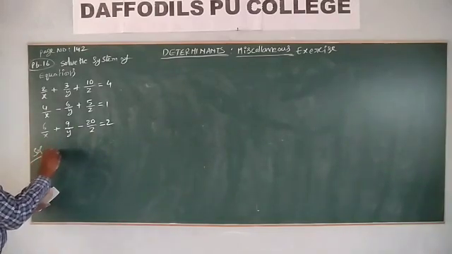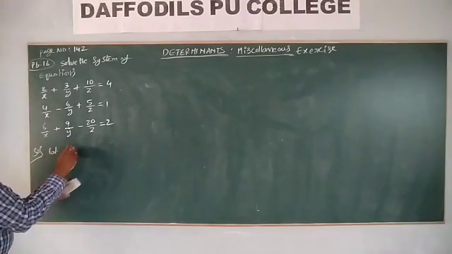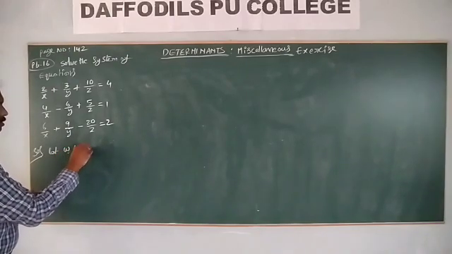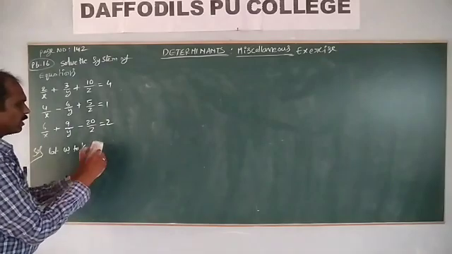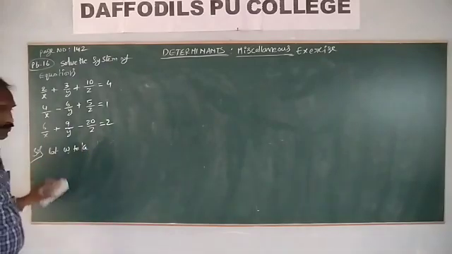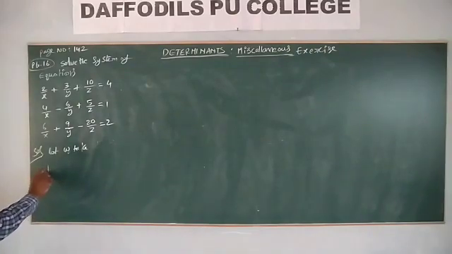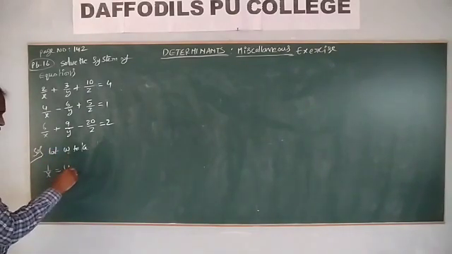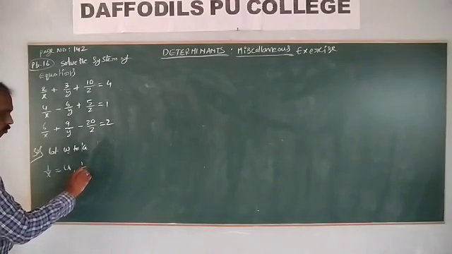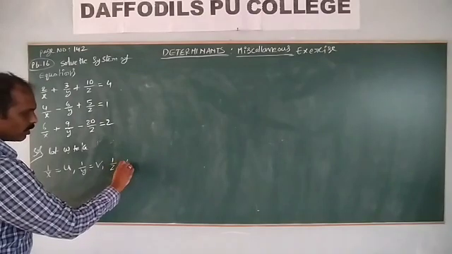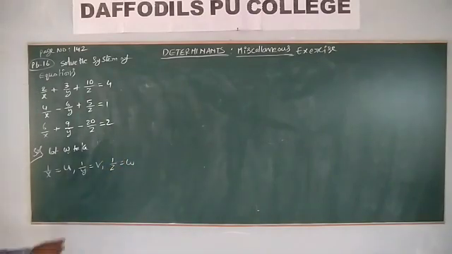Let us take 1 by x as u, 1 by y as v, and 1 by z, let it be w.